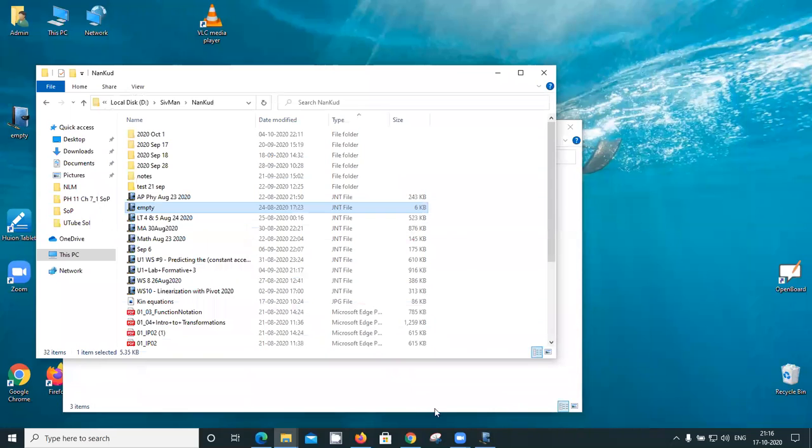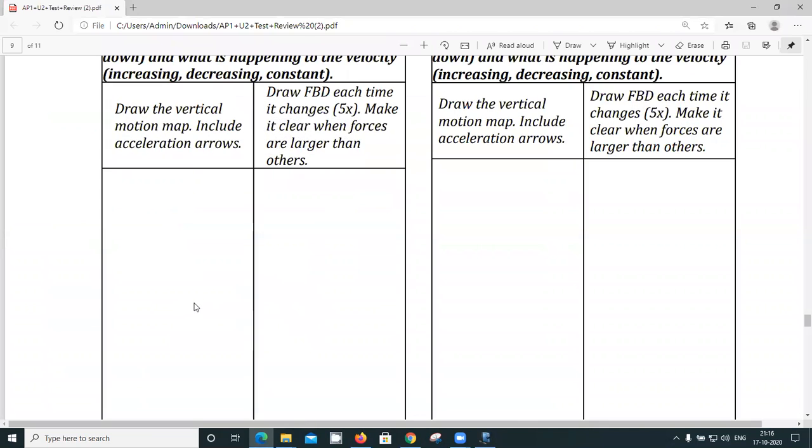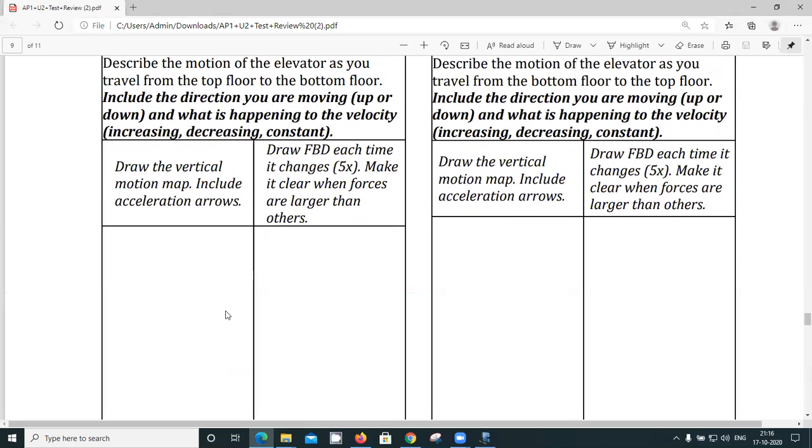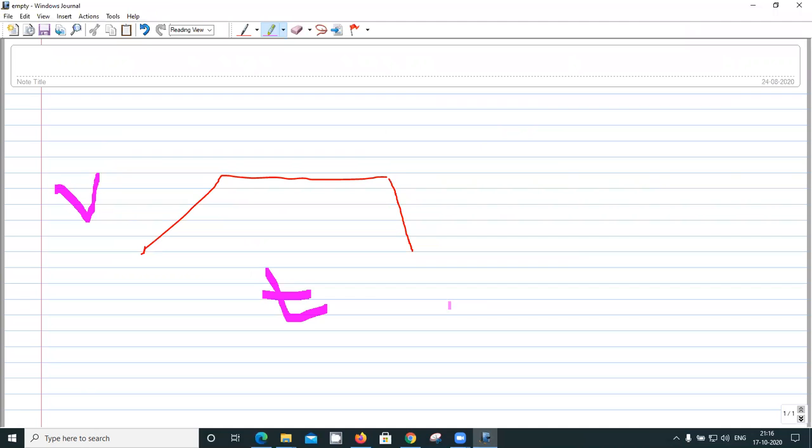Okay, so can you check the key? Yeah, that's right. Have they given a velocity time graph? Yeah, they gave both. Both what?